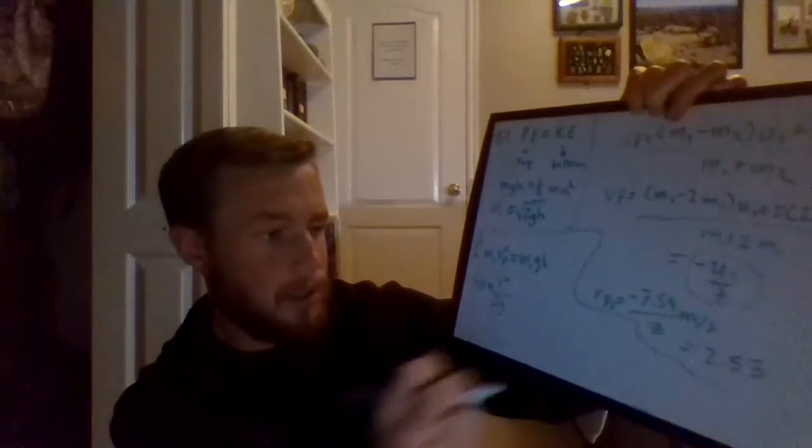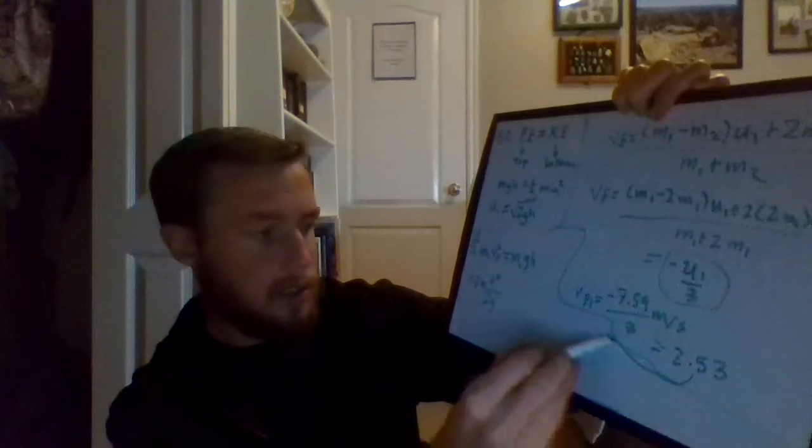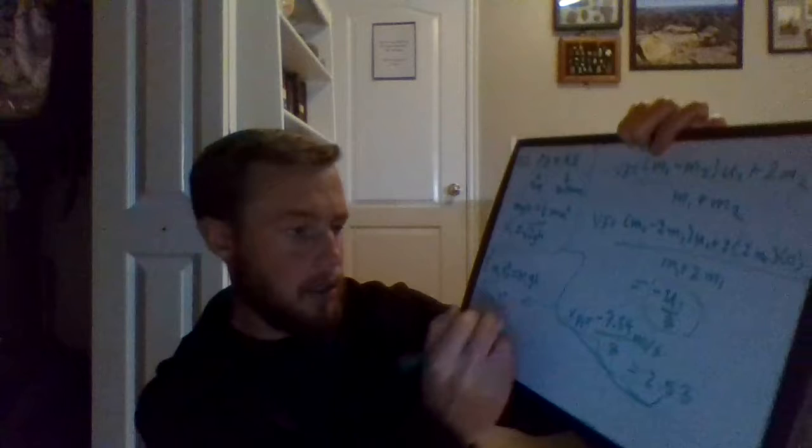I'm going to substitute this for this. It's going to be 0.53 squared over 2 times gravity, 9.8.